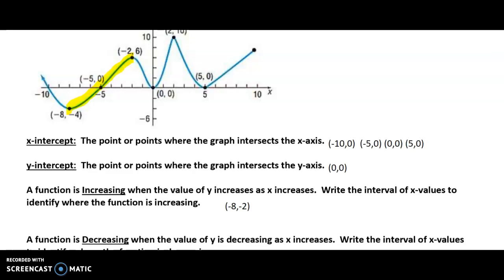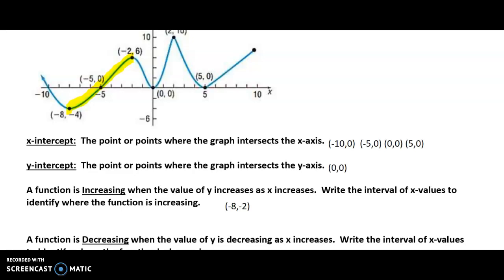So now we need to be careful. We have to understand this is not an ordered pair, right? For x-intercepts and y-intercepts, the reason why we use parentheses there for those responses is because we're talking about points. And points are ordered pairs, which are using parentheses. But for functions where they're increasing or decreasing, the reason why we're using parentheses is because of interval notation.